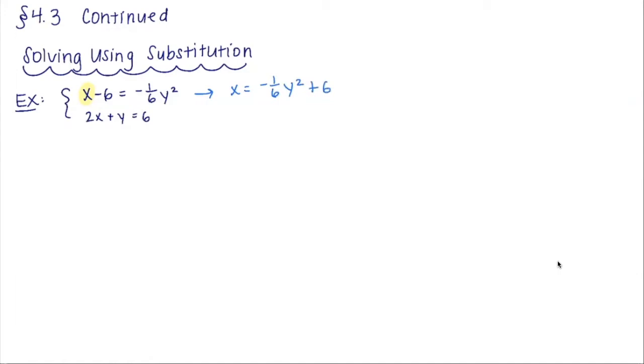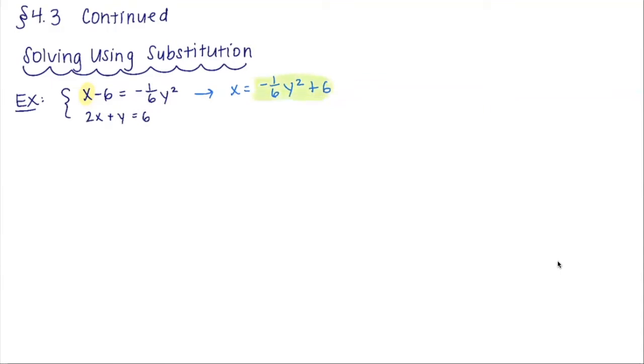So you may notice that now I have an expression that is equal to x. So just like I did yesterday, I'm going to go ahead and substitute in and replace x with this expression. So I'll highlight this in the green so that you can see when I substitute it in.